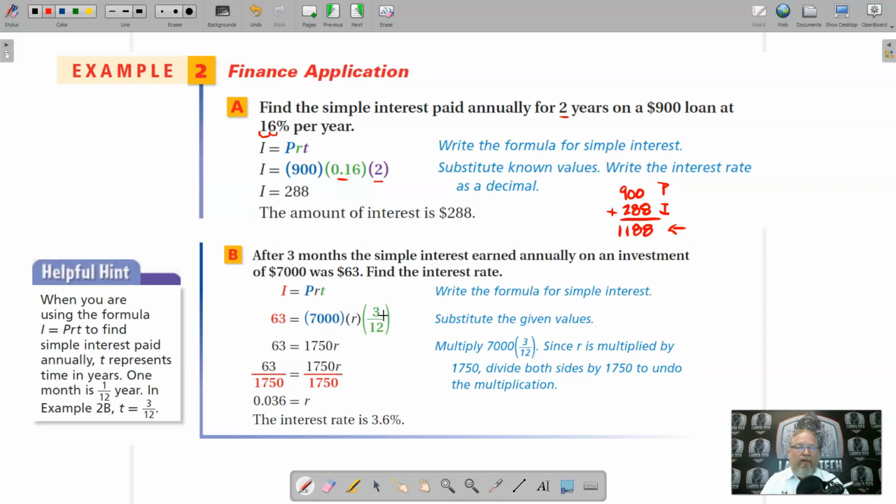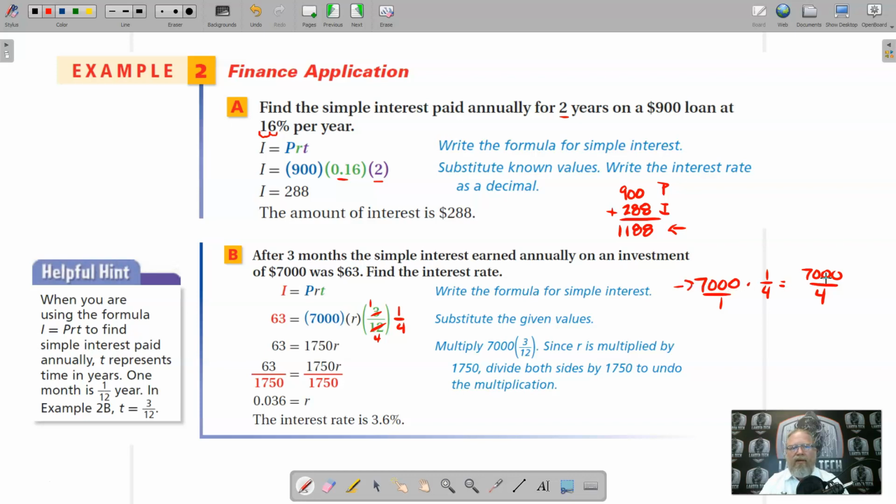Now 3/12 will simplify, won't it? I could go ahead and write this as 1/4, right? Because 3 divided by 3 is 1, and 12 divided by 3 is 4. So if I have 7,000, and I'm multiplying it times 1/4, this would equal 7,000 divided by 4, right? Just think of this as a fraction, then multiply straight across. 7,000 over 1 is still 7,000.